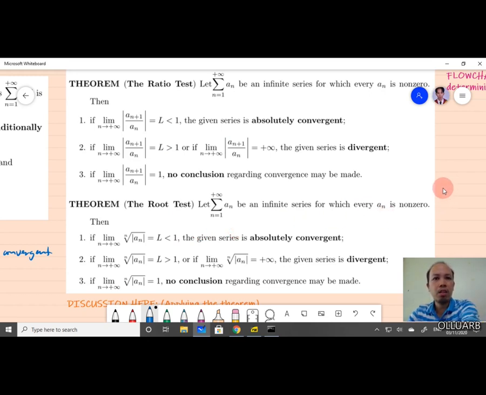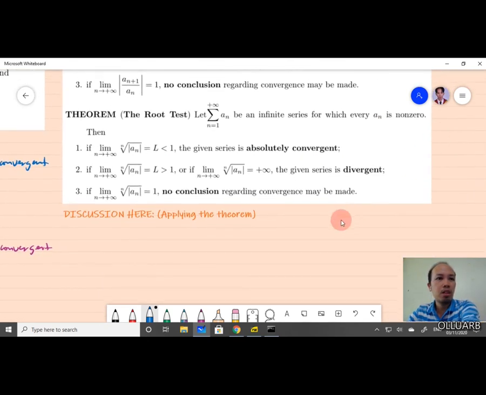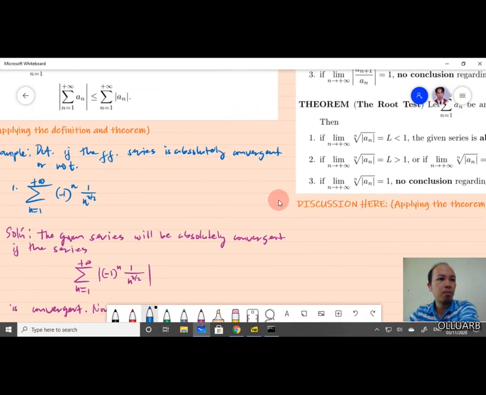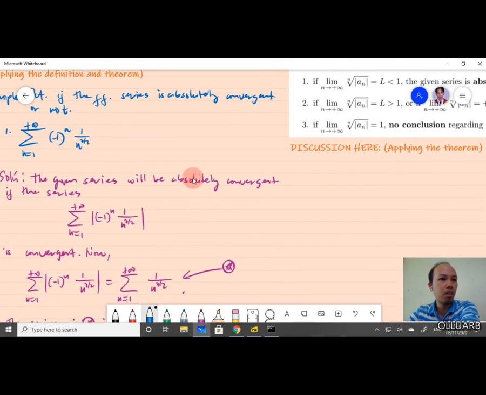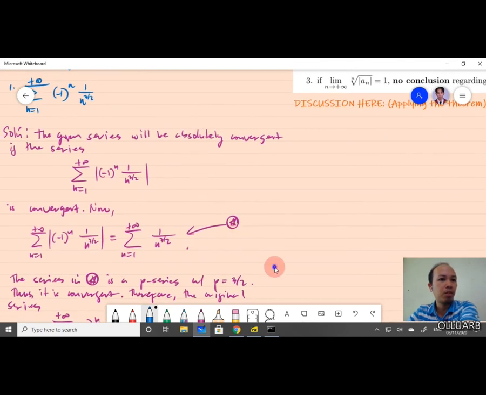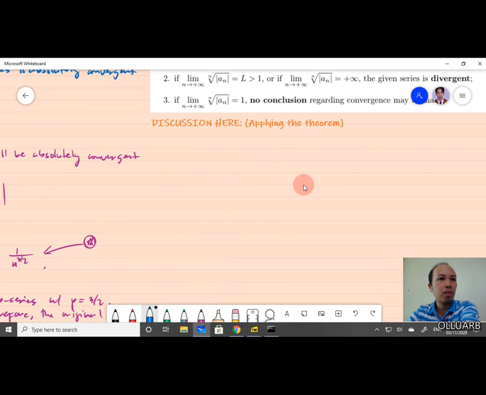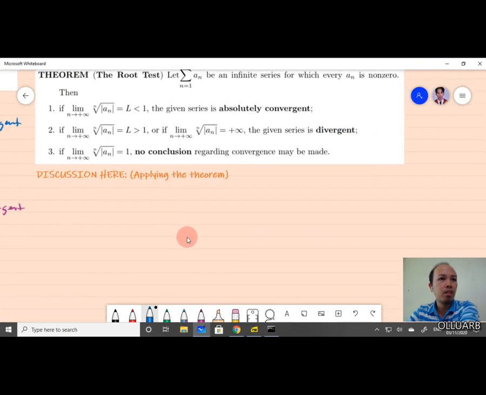Let's have an example here. Let's try number 1. Let's try this problem, and we know that this is absolutely convergent by using the definition. Okay, this is absolutely convergent, therefore this series is convergent also. Okay, let's try to answer that using the ratio test.